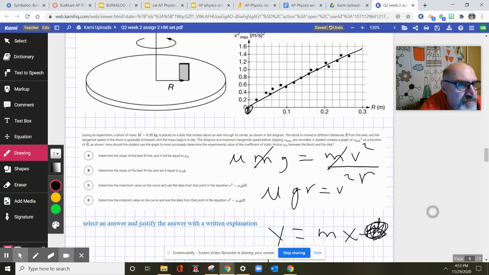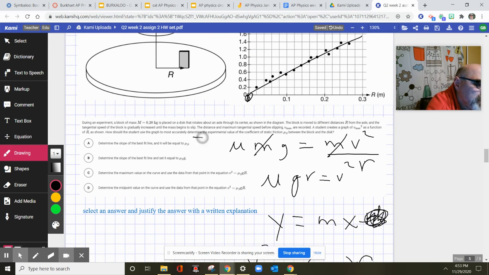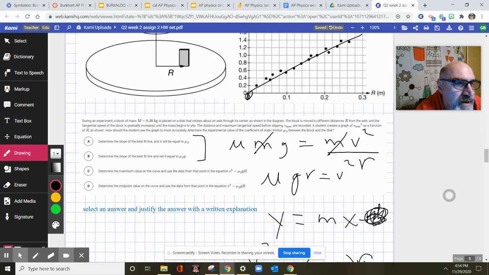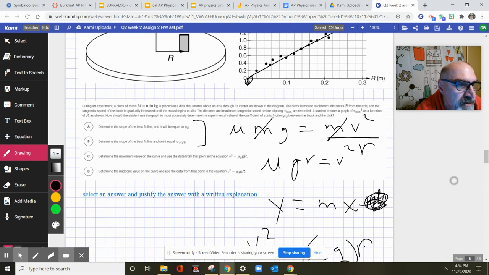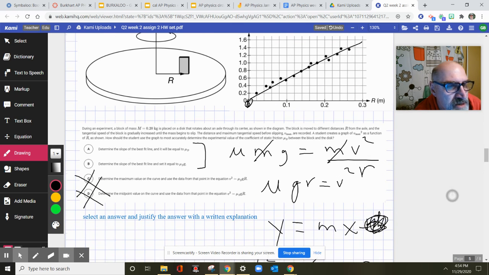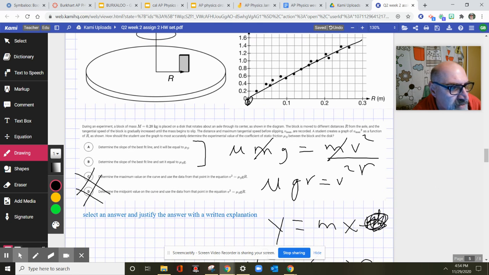So the first thing to realize is you have to use the slope of a line. That's the best way to do science. You collect data, you draw a best fit line, and you find the slope of the line if it's linear. And so it has to be A or B. C and D are both not good answers because their methodology is flawed. They're just using one data point.